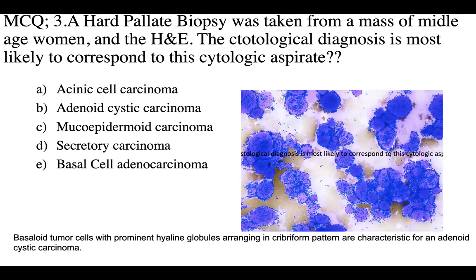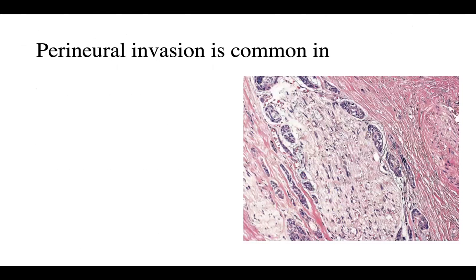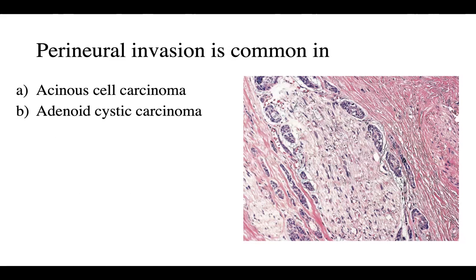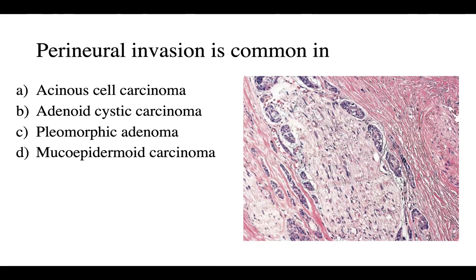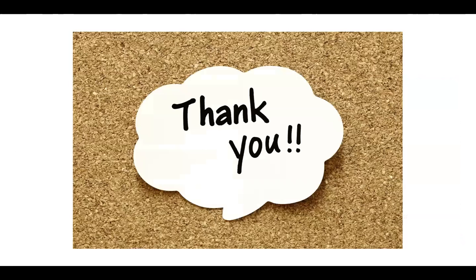So the diagnosis is adenoid cystic carcinoma. We discussed this picture: perineural invasion is seen. Options were acinic cell carcinoma, adenoid cystic carcinoma, pleomorphic carcinoma, mucoepidermoid carcinoma, and the answer is adenoid cystic carcinoma.